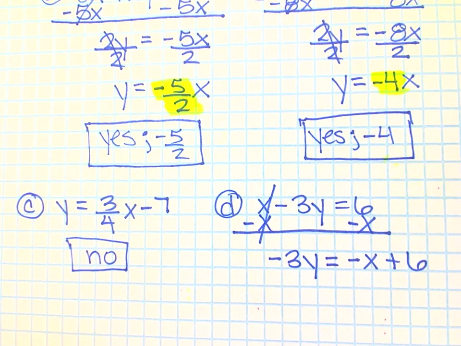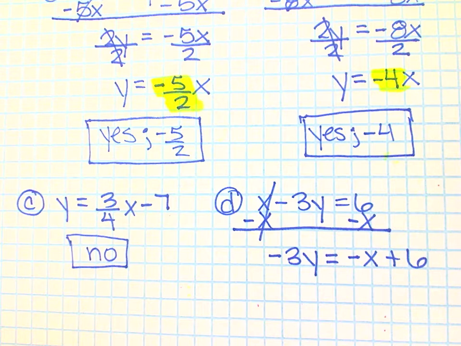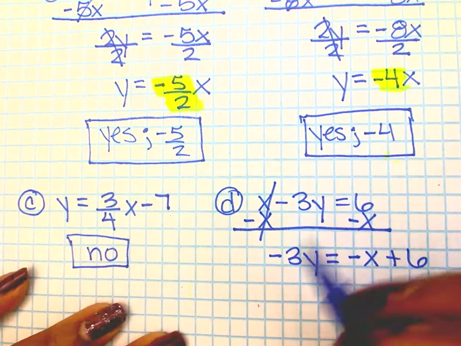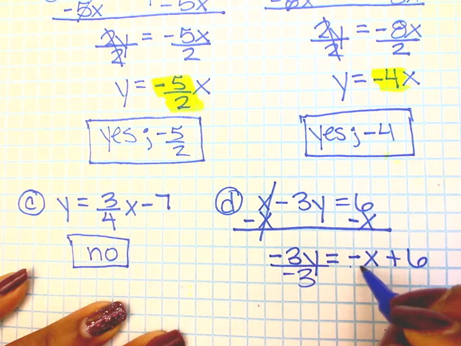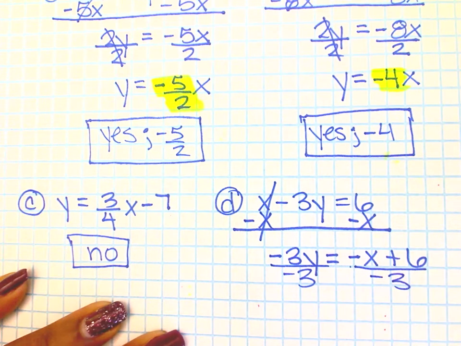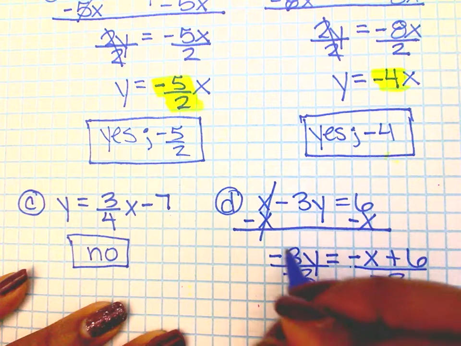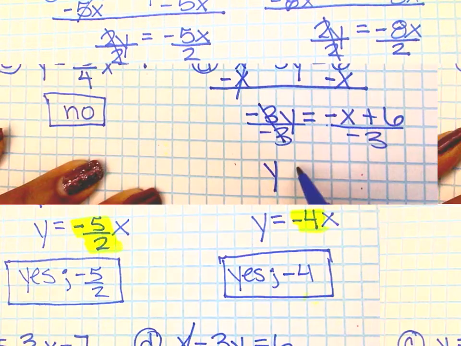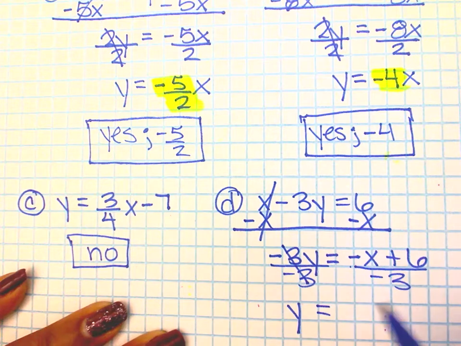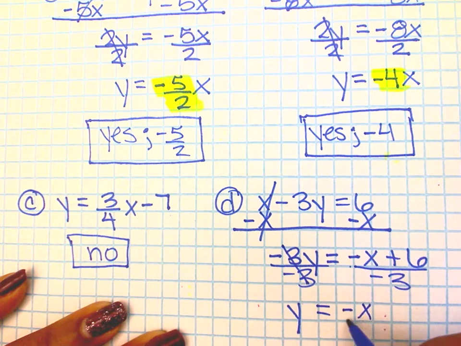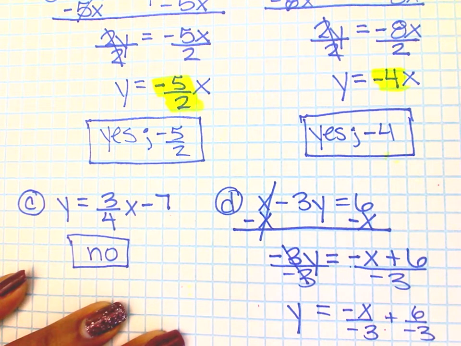Alright, so I'm going to need to get y by itself so that the equation looks like the direct variation equation. So I'm going to divide by negative 3 on both sides. My negative 3's cancel. I'm left with y equals. Now, that's like saying negative x over negative 3 plus 6 over negative 3, right?